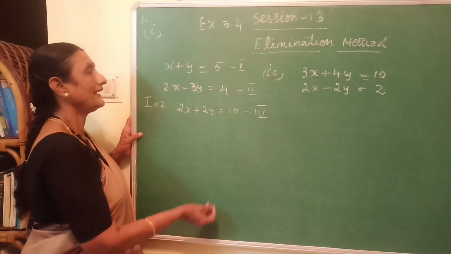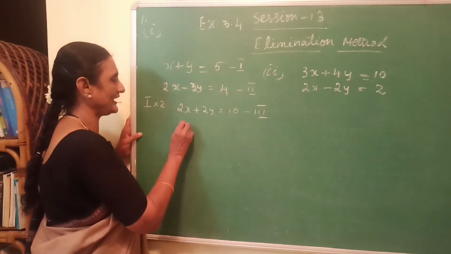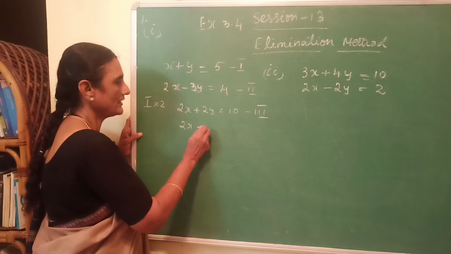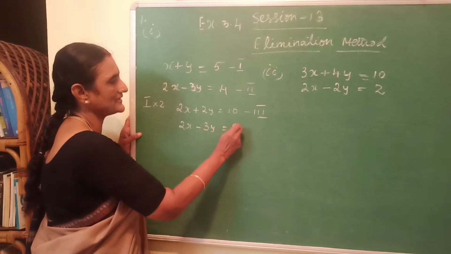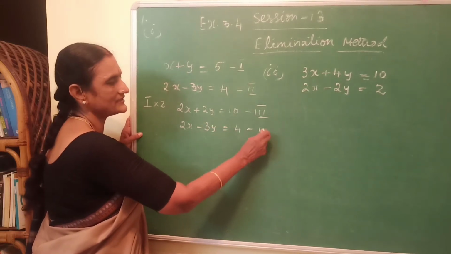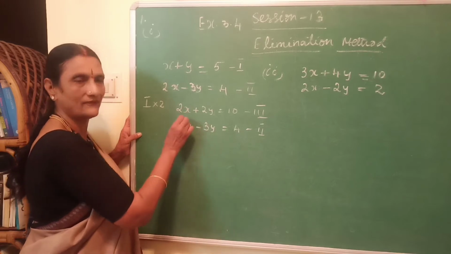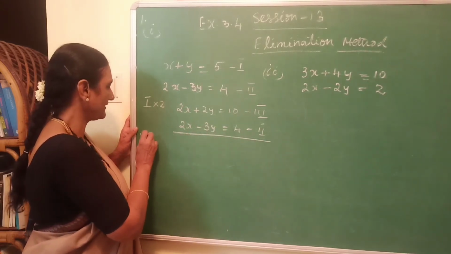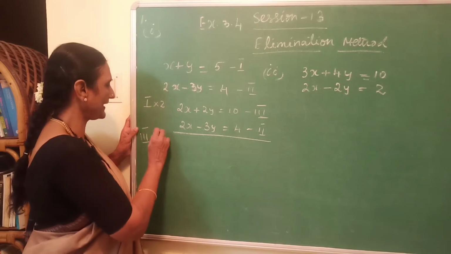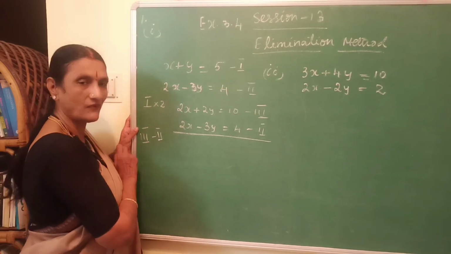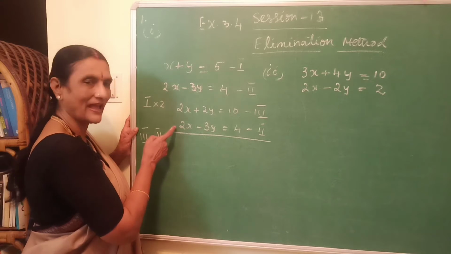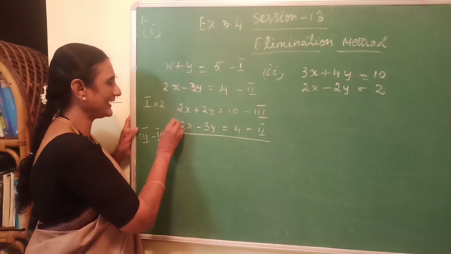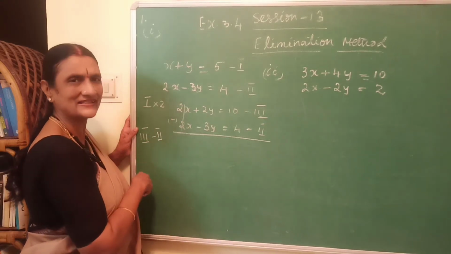Now the second equation, I will write down 2x minus 3y is equal to 4. These two coefficients are the same. So the next step, I will write equation 3 minus equation 2. If I do so, what will happen? I am introducing a negative sign, and these two will get cancelled.